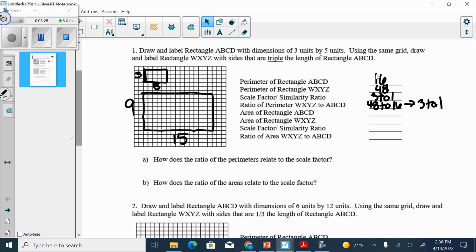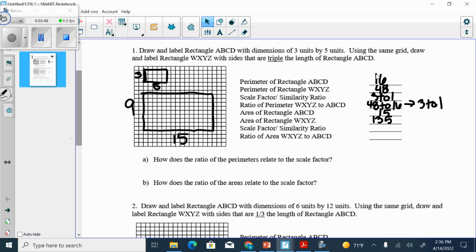Alright, they then ask us what is the area of our first rectangle ABCD. Alright, so area of that first rectangle, the 3 by 5, would be 15. Then they ask what's the area of the larger rectangle that was a 9 by 15. 135. Very good.